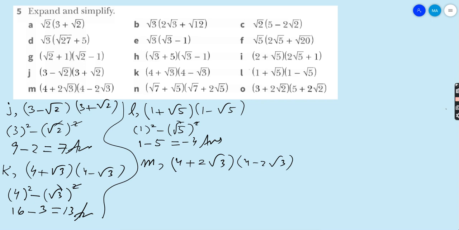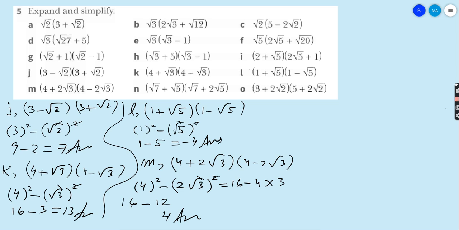So again we can apply a plus b, a minus b is equal to a square, which is 4 square, minus b square, which is 2 root 3 square. 4 square is 16, 2 square is 4, and square and root cancel 3. 16 minus 4 times 3 is 12, 16 minus 12 is 4. Answer of part M is 4.